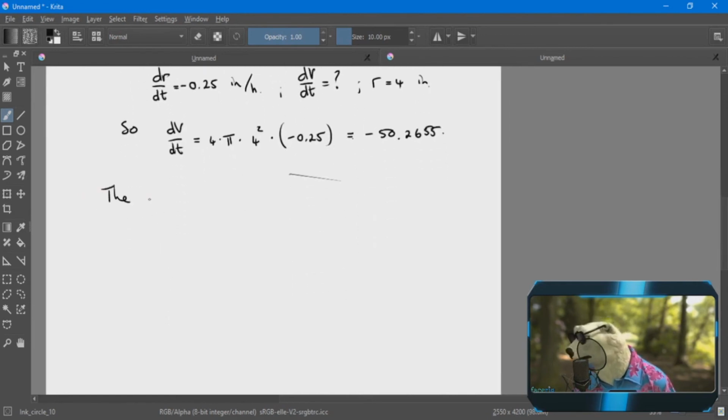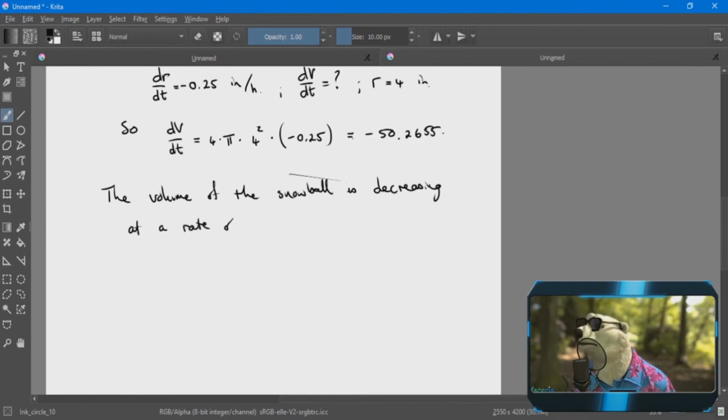The volume of the snowball is decreasing at a rate of 50.2655 cubic inches per hour. Let me zoom out there.